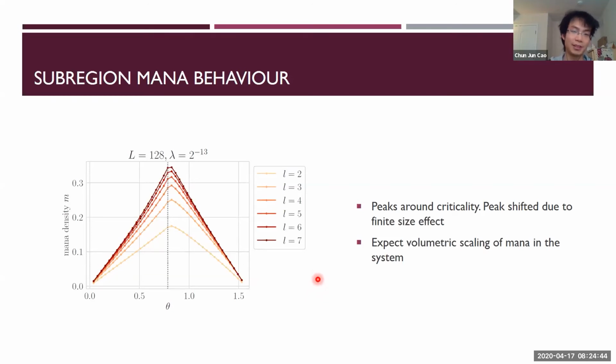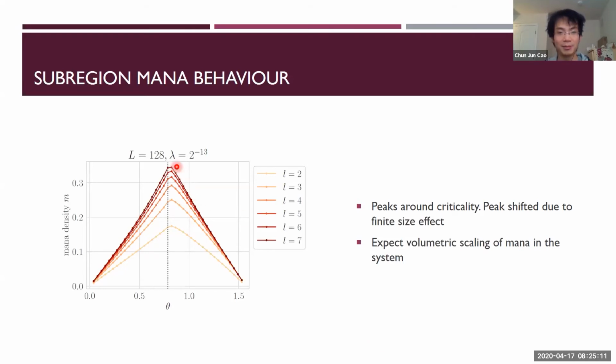And the second feature that we realized is that as you take larger and larger subsystems, you have a higher and higher mana density, and it will probably saturate at some point. So this tells us two things. Well, the first thing is obvious: it seems like something interesting is happening near criticality.